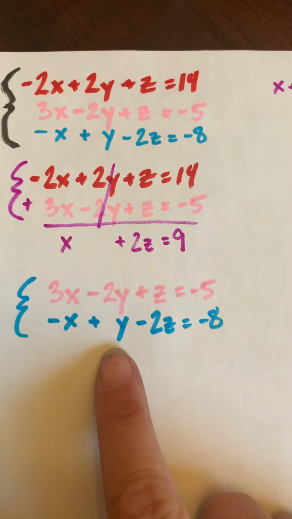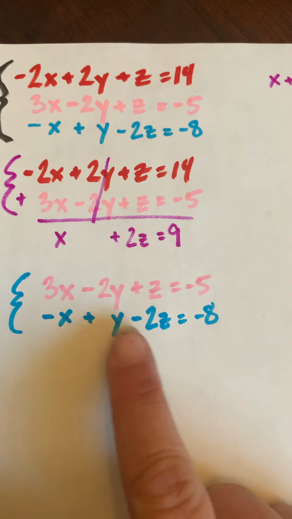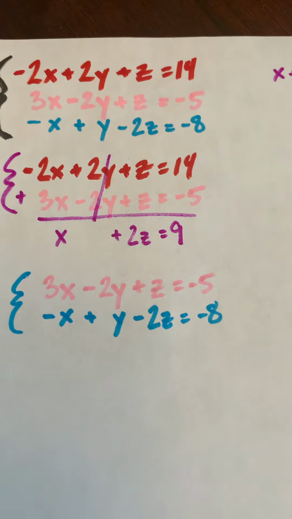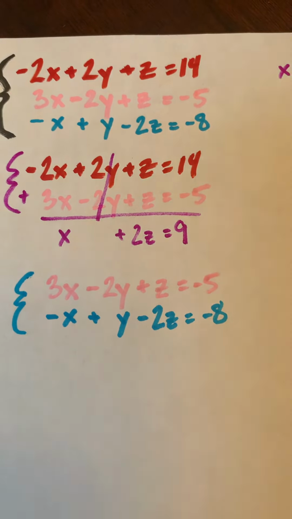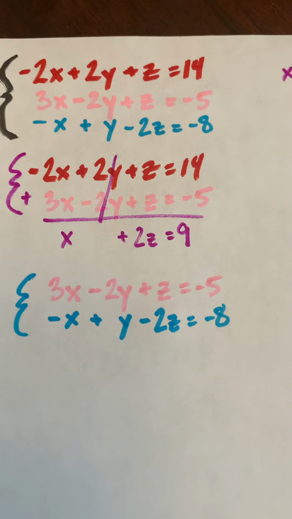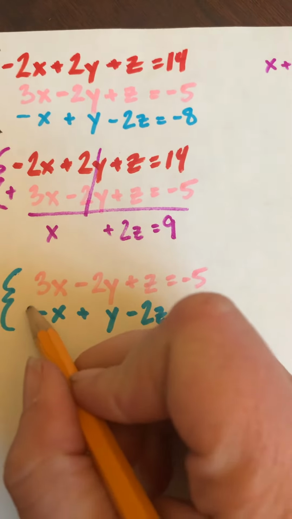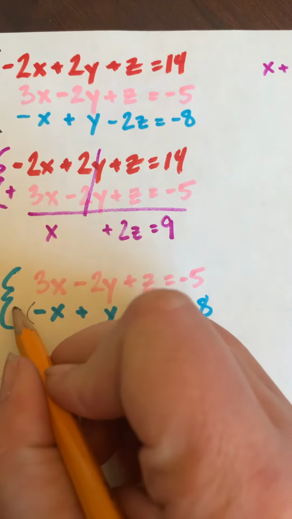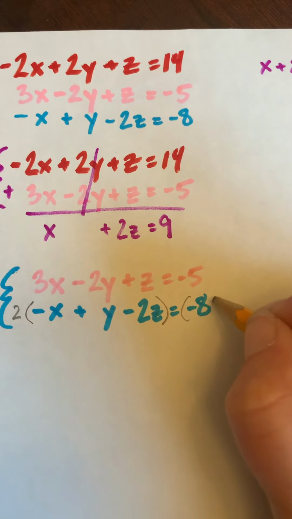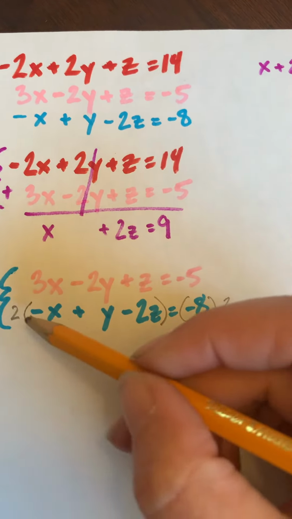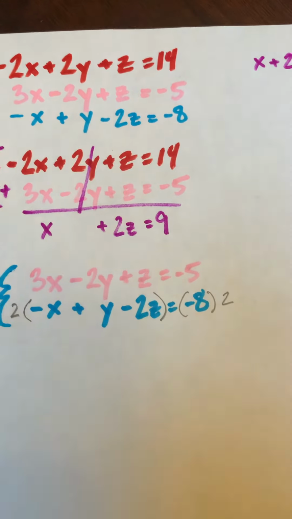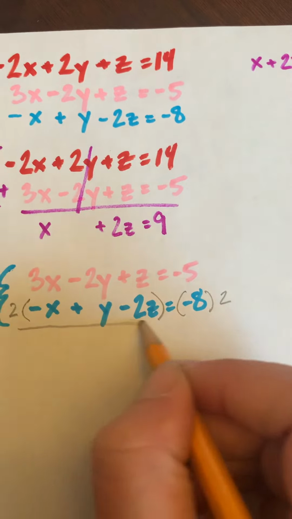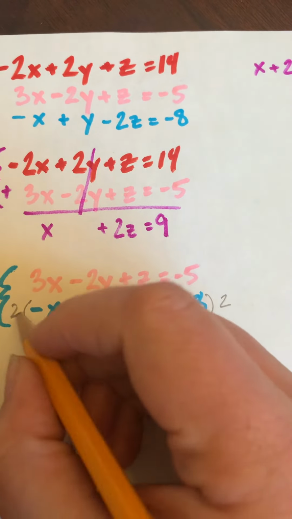I could solve for y here and then substitute, but instead of doing that, I'll multiply through by 2 in this bottom equation. Multiply this side of the equation by 2 and this side of the equation by 2, and that will create opposite coefficients here.